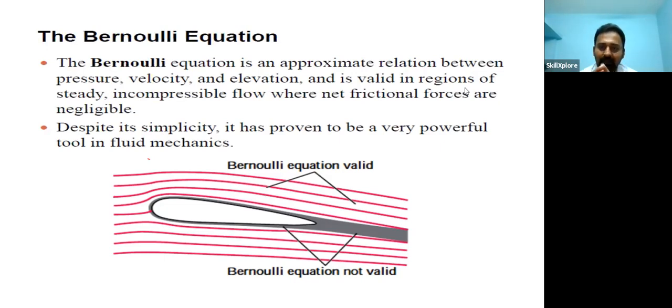So he made the assumption that the fluid is in steady, continuous and incompressible flow. If these three assumptions hold, then the energy at all the points of the flowing stream is equal. This is what Bernoulli proposed, and he took the help of Euler, a mathematician, to derive its equation.